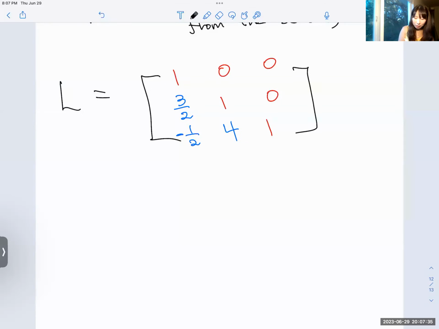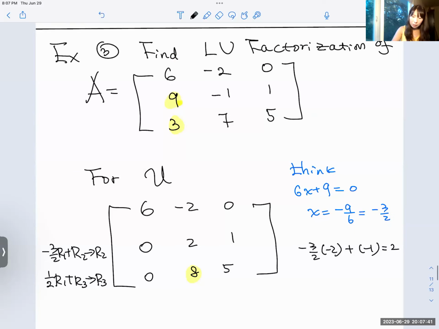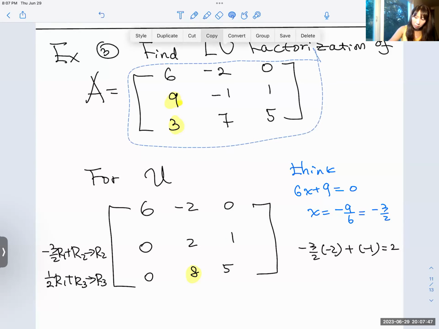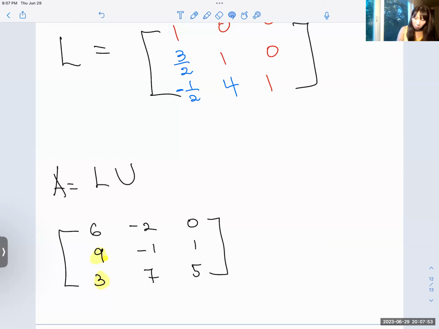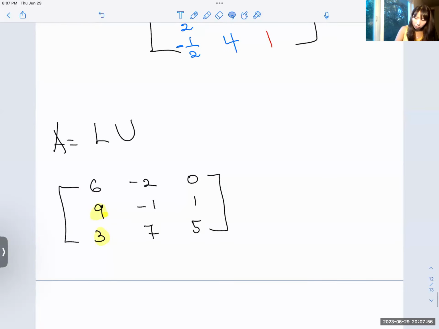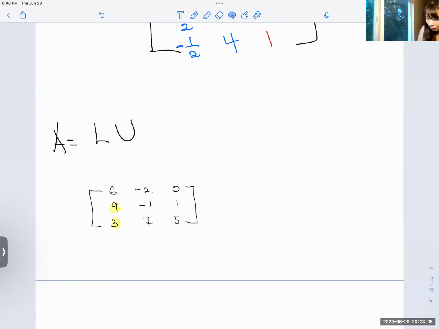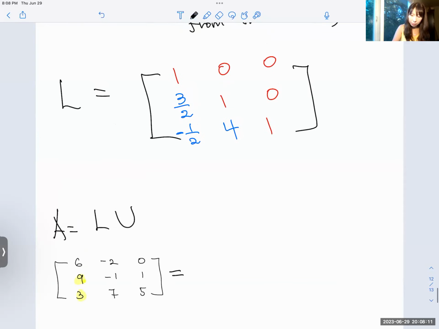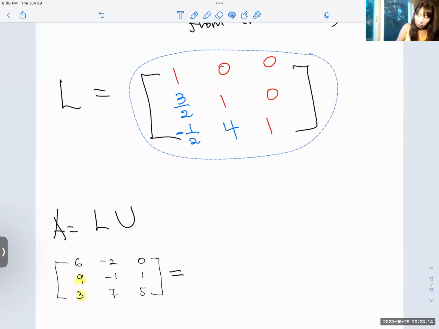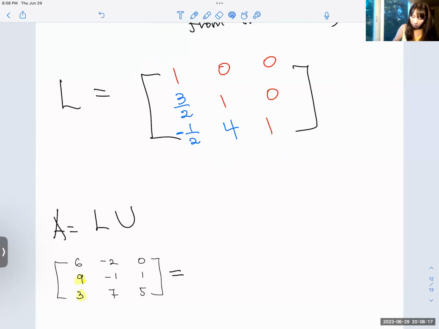Check it out. A, L, U. A was copy. And make it smaller. Okay, equal to L. Copy.